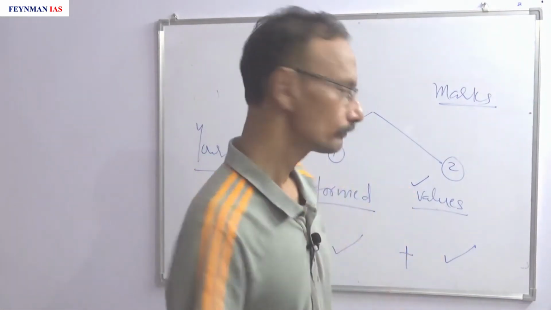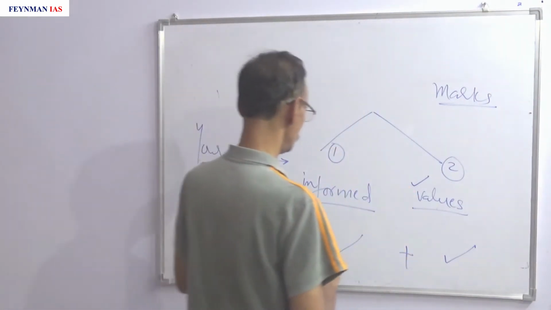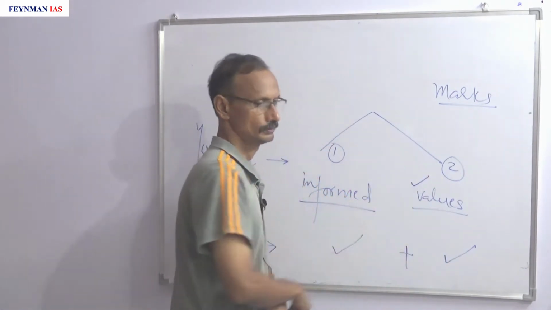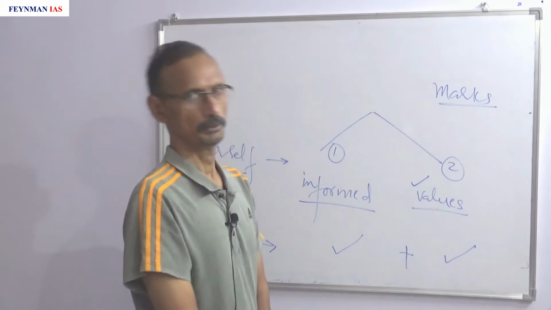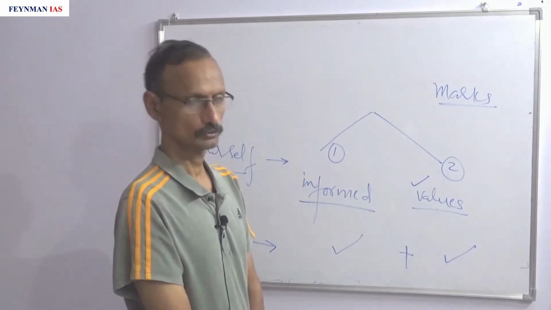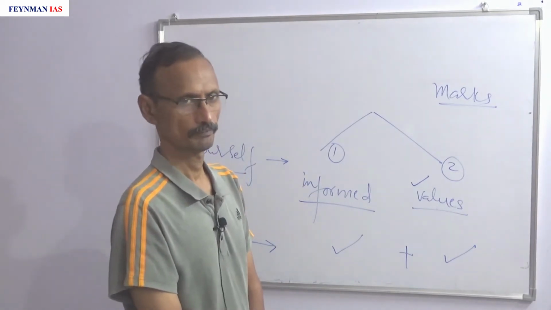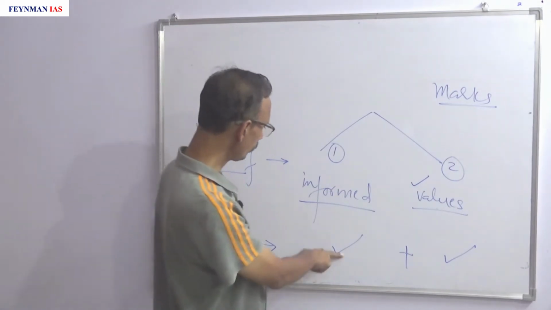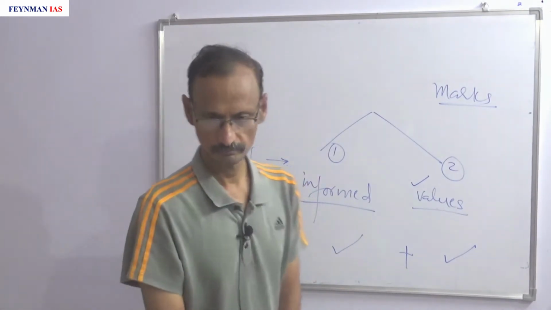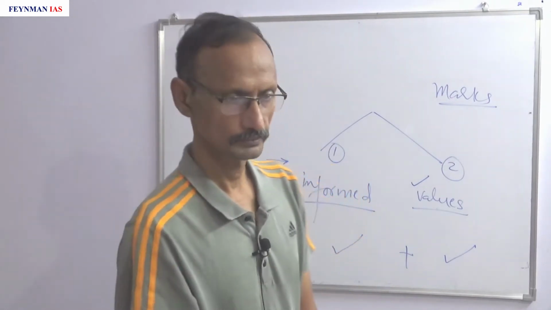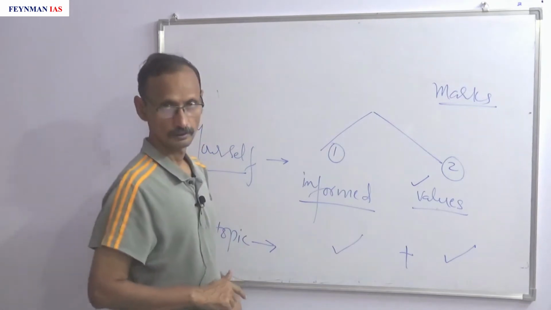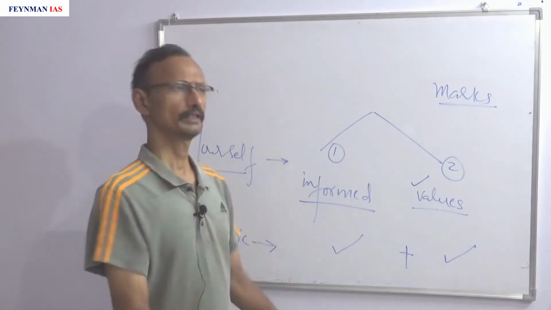It is not enough if you say that you have values and you would like to help people, that you have that service orientation or whatever. Because you should also be an informed person. So that is why topic selection matters a lot in essay paper.